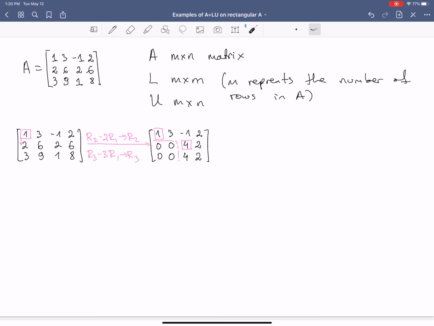We would have replaced the 2 rows and continued working. But since everything to the left of the 4 and under is 0, we can call that 4 the second pivot. So we continue the elimination steps. We have R3 minus R2 into R3, and we obtain the matrix U: 1, 3, negative 1, 2, 0, 0, 4, 2, 0, 0, 0, 0, with the 2 pivots, 1 and 4.